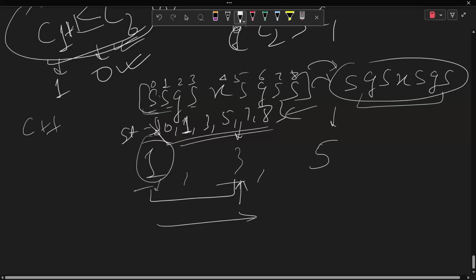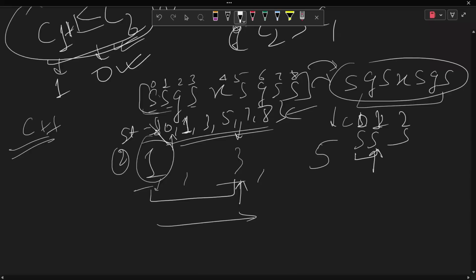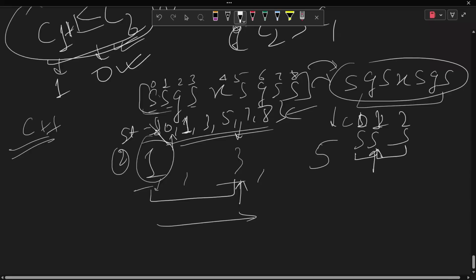When you inserted 1, you would check, is 0 in my set? Yes, do a C plus plus. Is 2 in my set? If yes, do again a C plus plus. So if we had SSS at 0, 1, 2, and 1 is inserted, it's reducing the count of S by 2. This whole 3 would be reduced to a single S. So this C would store the number of reductions in my S.